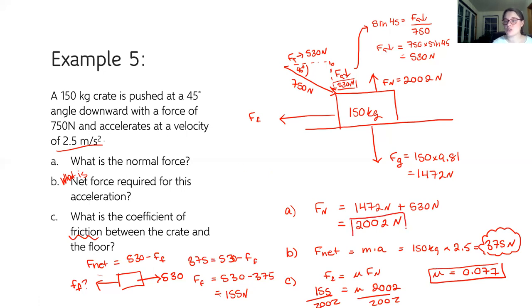Some of these answers are easier than others. The first two should be nice and easy. Part C does require some critical thinking, okay? You won't have a lot of these on an assessment, but you can expect to see one question that will require you to do the critical thinking that would be required, like in C, in order to figure out what's left over for the force to be friction, okay?